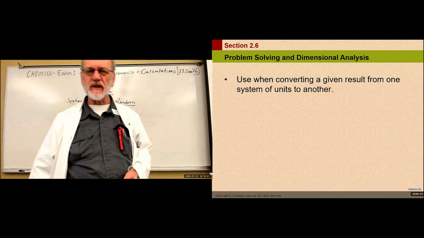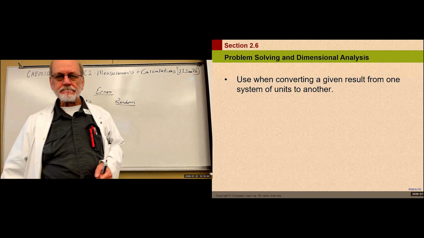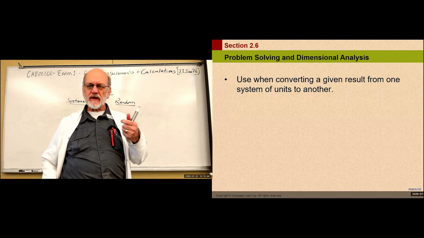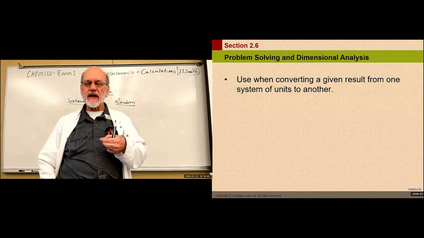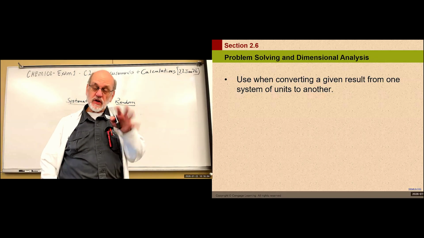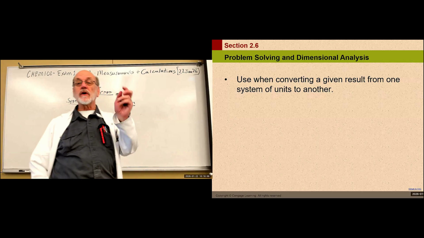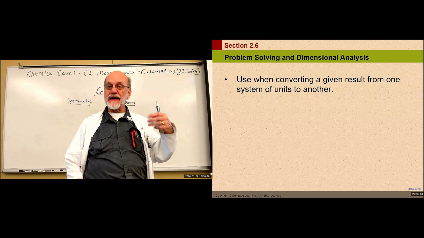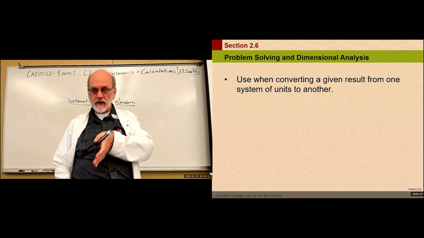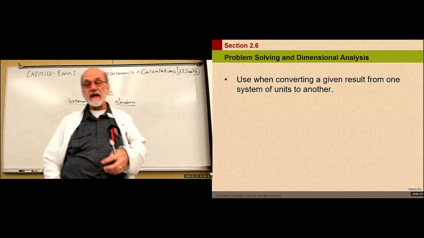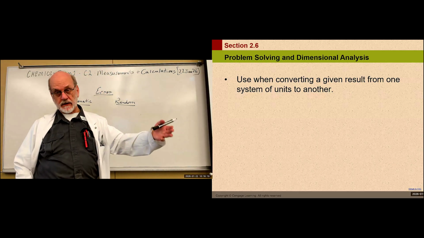Okay, now to dimensional analysis. Most often, dimensional analysis is used in the context of converting units. So when you make a measurement and it has a unit, you don't like that unit, you want to go to another unit. You analyze the dimensions to see what I need to do to convert from this unit to that unit. And this can be multiple steps also.